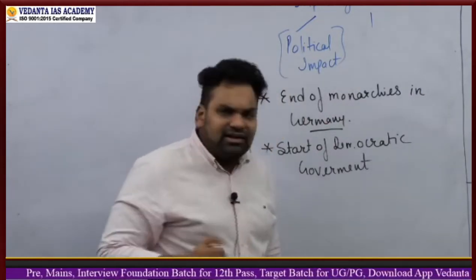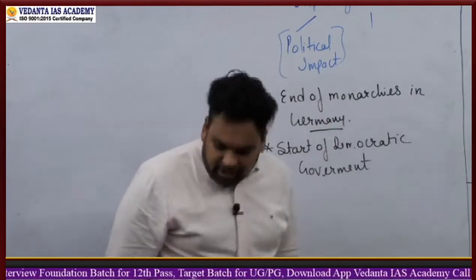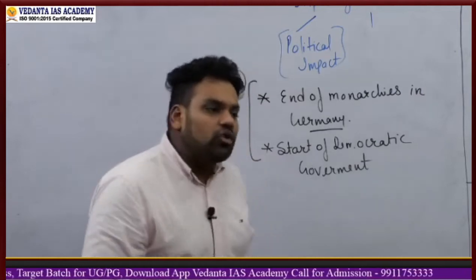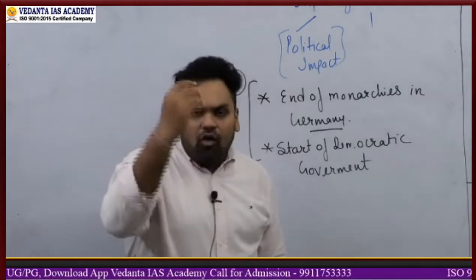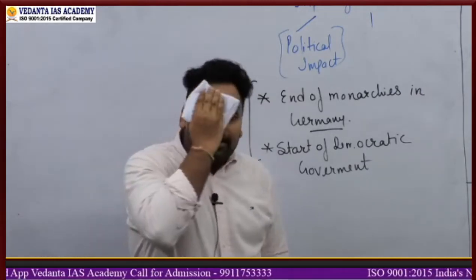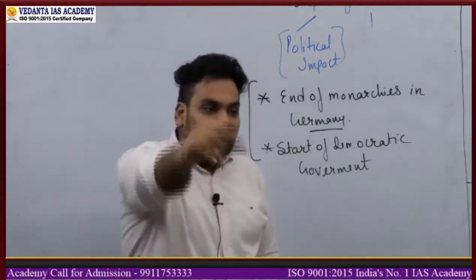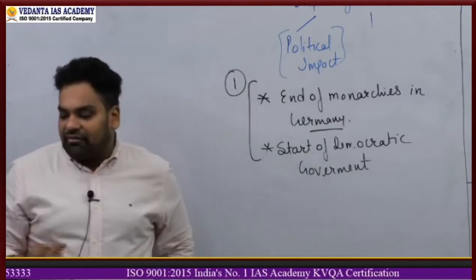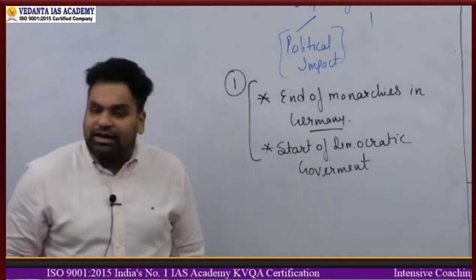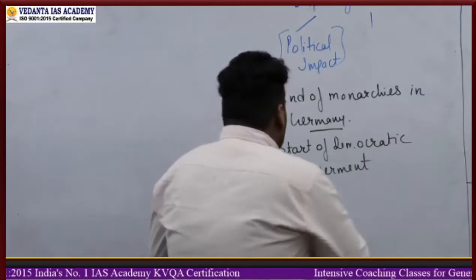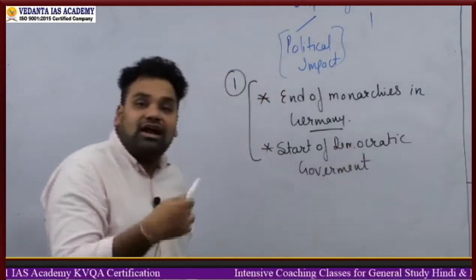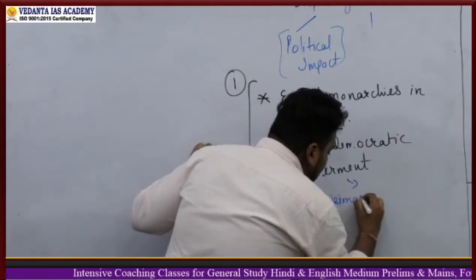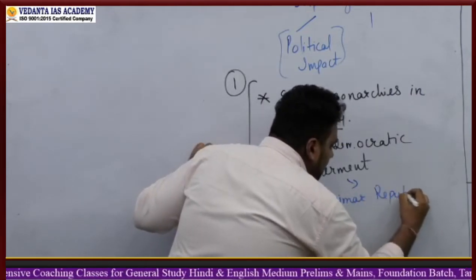Now people started realizing that kahin na kahin what we need is not a king anymore, because a king will always look to satisfy his personal ego, right? What we need is a democratic government in place, right? So what happens now is there is a starting of a democratic government in Germany, which was known as the Weimar Republic.